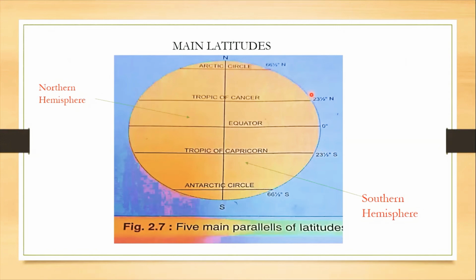Tropic of Cancer is in the northern hemisphere, that is why it is measured as north. Now Antarctic Circle 66.5 degree south. So these are the main latitudes, or they are known as main parallels. Why are they known as parallels? Because they are parallel to the equator.